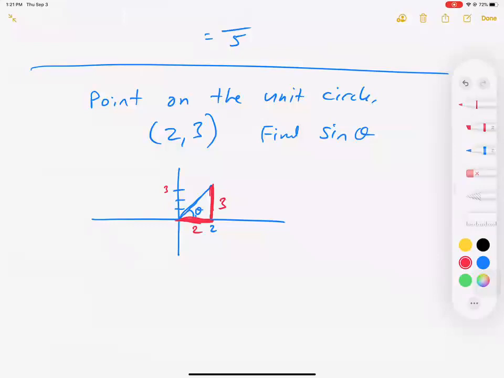Not only do we have this, I can find the third side. We did this before. 2 squared plus 3 squared is 4 plus 9 is 13. So C is square root of 13.